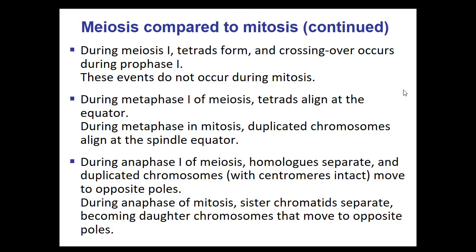And like I was saying a minute ago, in metaphase 1 of meiosis, metaphase 1 just means metaphase of meiosis 1 division. That's where we saw that the tetrads align at the equator. That just means that the pairs of chromosomes are side by side during metaphase. But that doesn't happen in mitosis.